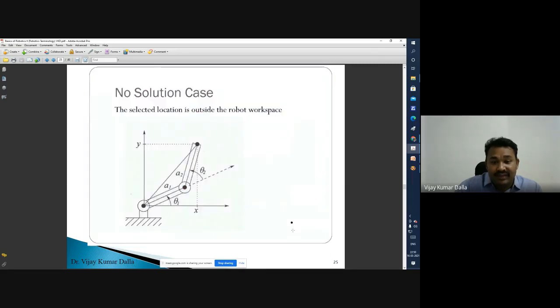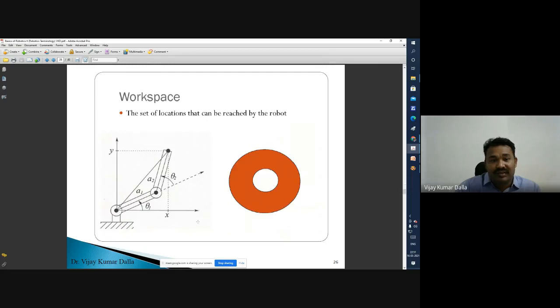This robot cannot go there and cannot perform any task because the base is fixed here and the workspace is limited. So there will be no solution, meaning we cannot get the position and orientation of the robot.